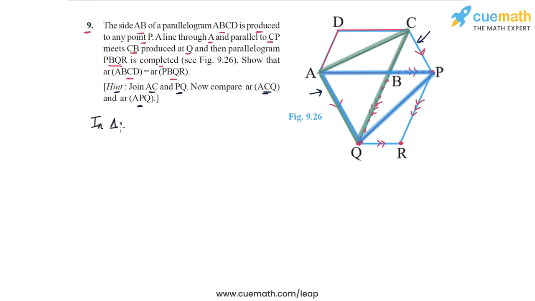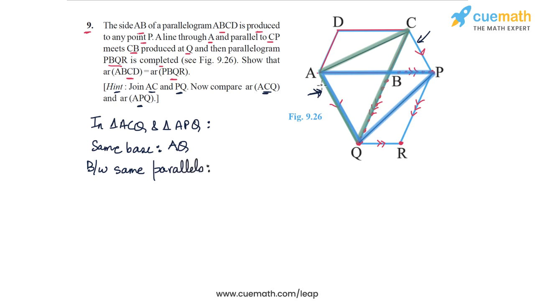So in triangle ACQ and triangle APQ, they are on the same base, and the same base is AQ, and they are between the same parallels, and the same parallels are AQ and CP. And this means that the areas of the two triangles must be equal. So area of ACQ is equal to area of APQ.